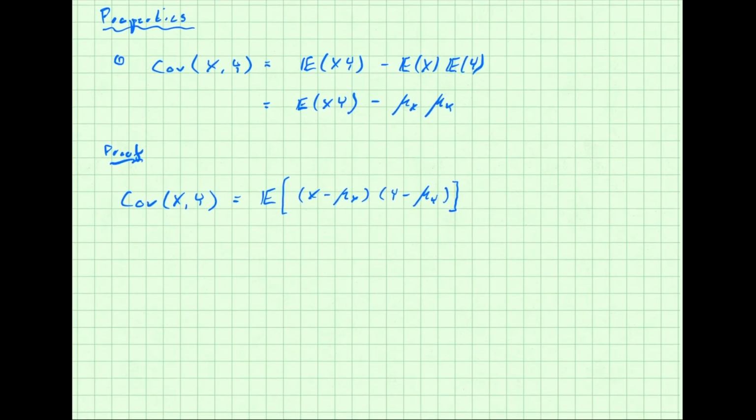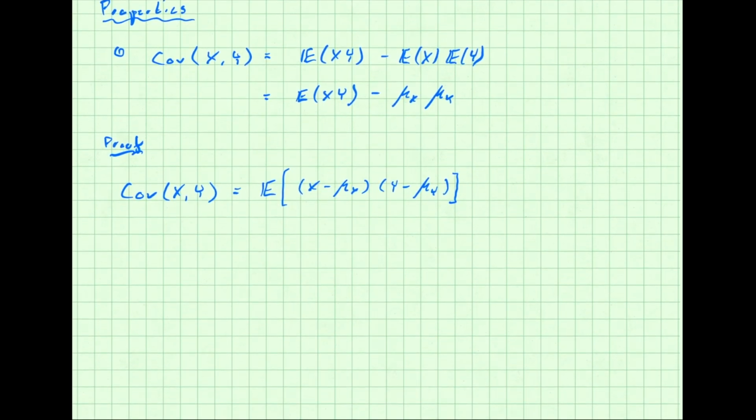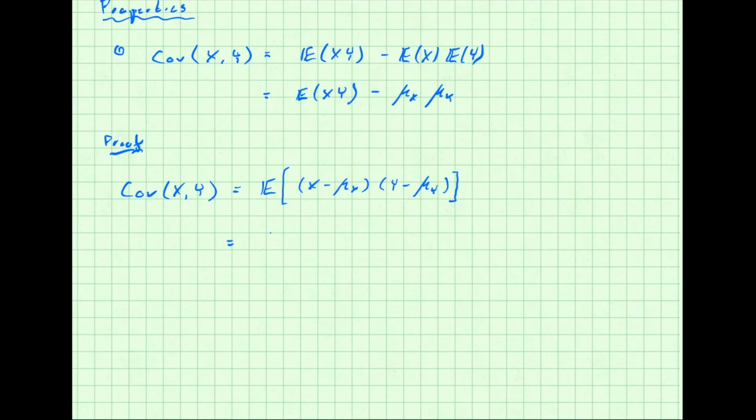And then we're going to expand or multiply out the thing in the argument of the expected value. Right, and so we get x times y minus mu x times y minus mu y times x, and then plus mu x mu y.